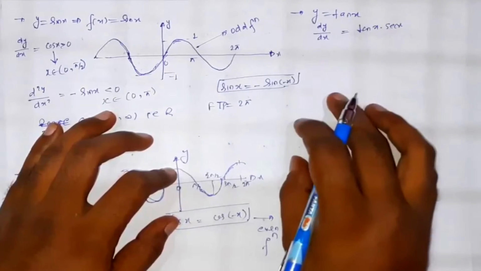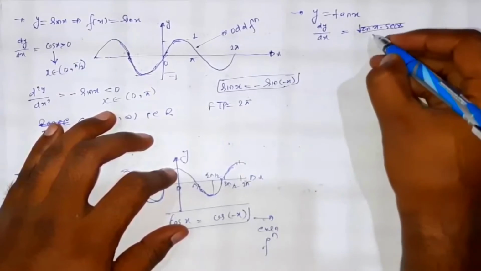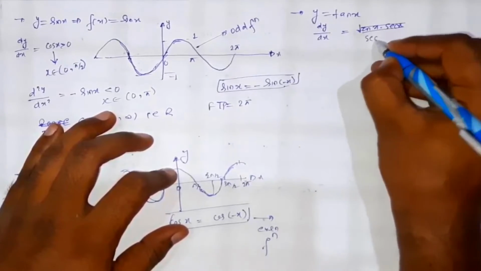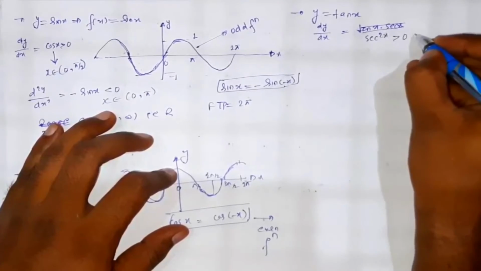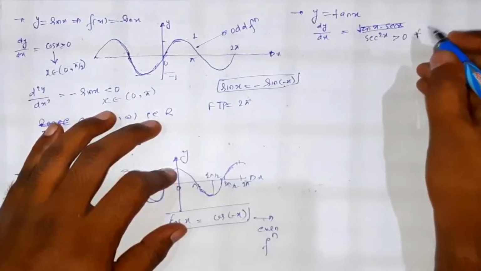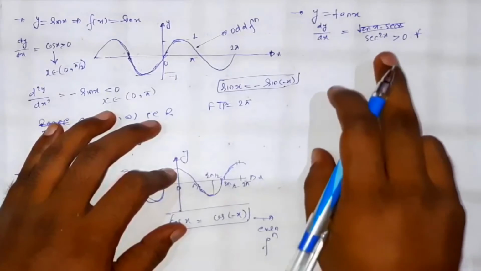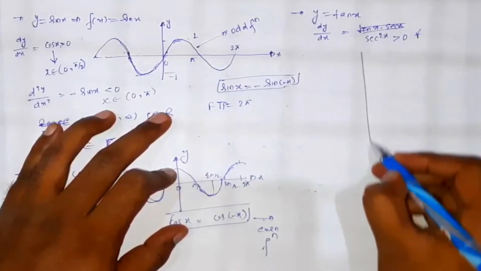Okay, I'm sorry, this is sec square x. Okay, this will be positive for every value of x. Okay, so this will be, we can say, increasing function. Okay, so the graph of this function will be like this.